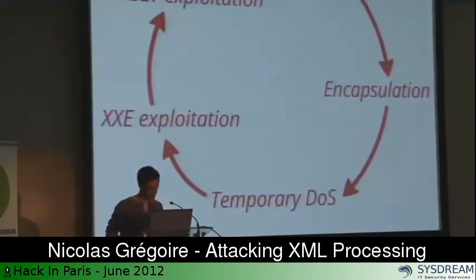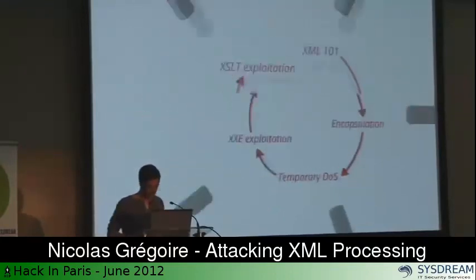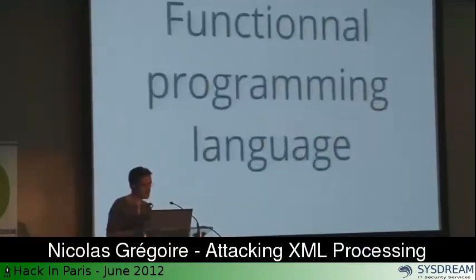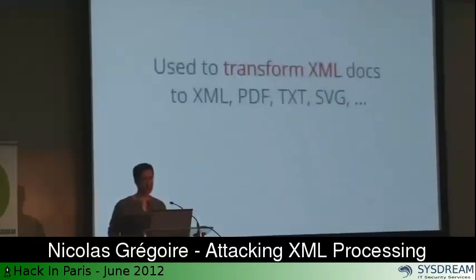This was XXE. Now we'll speak about XSLT. A very, very quick introduction to XSLT. If you want more, you just need to grab my slides from last year. XSLT is a functional language defined by the W3C. It's more than 10 years old, and it's used to transform XML to anything else.